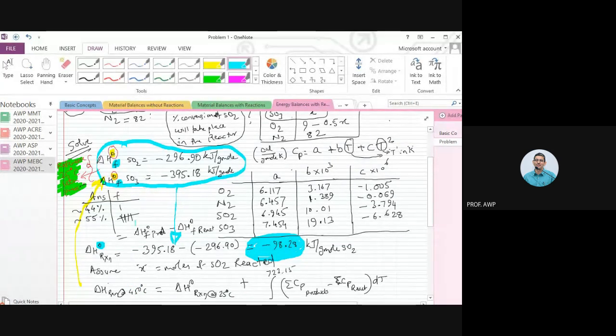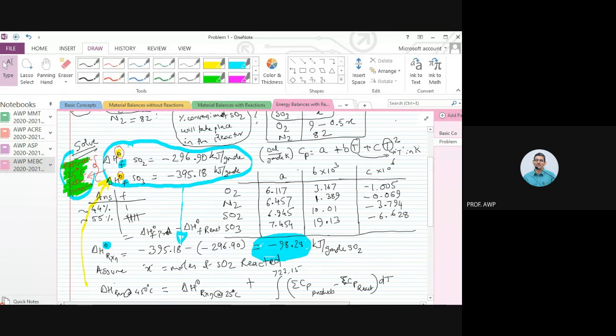And therefore, whether we have liked it or not, we have automatically assumed, knowingly or unknowingly, that our reference is 25 because we have used these values.